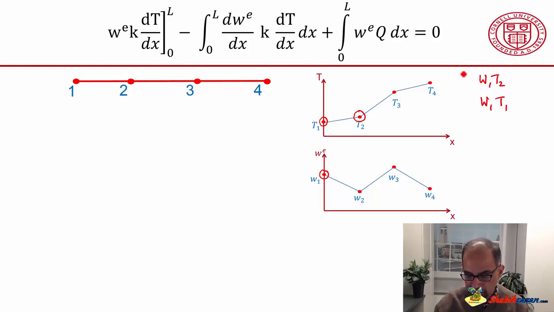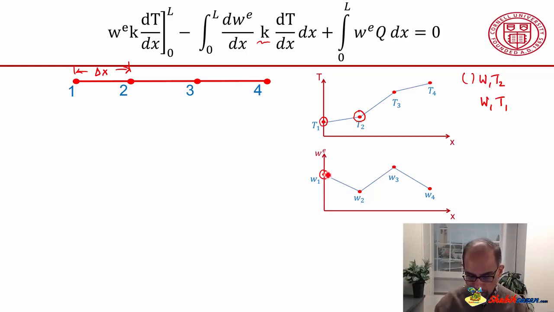And you have some constant coefficients here which you have to work out. It's going to depend on K, and it's going to depend on this element length. We won't worry about what that constant coefficient is. And interestingly, when you do the integration over the second element, you won't get any terms involving W1. Okay, so those are the only 2 terms where you get W1 multiplying a nodal temperature.